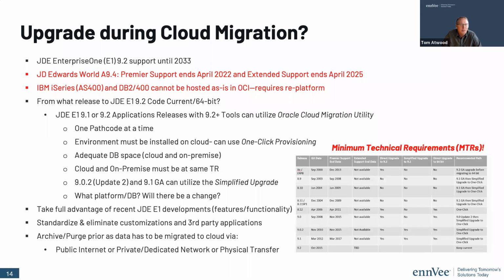So it really makes the migration easier, quicker, and you can script it out. As I mentioned before, you do have to consider if you're doing a platform or a database change, because that does complicate things. And then for 9.0.2 and 9.1 GA, simplified upgrade, definitely take advantage of that if you can.